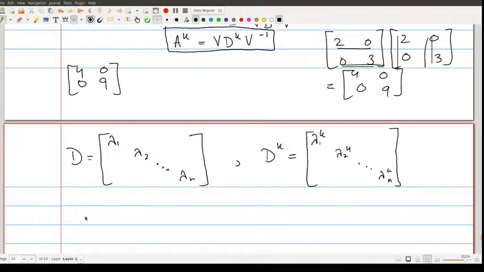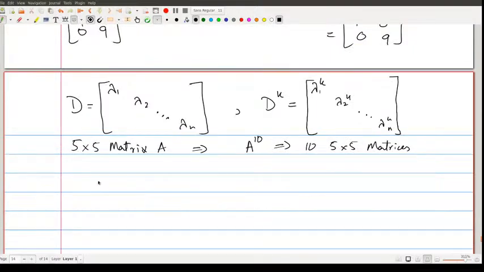So let's say you had a 5 by 5 matrix A, and then you had to find A to the power 10, which means you have to multiply 10 5 by 5 matrices together, right?